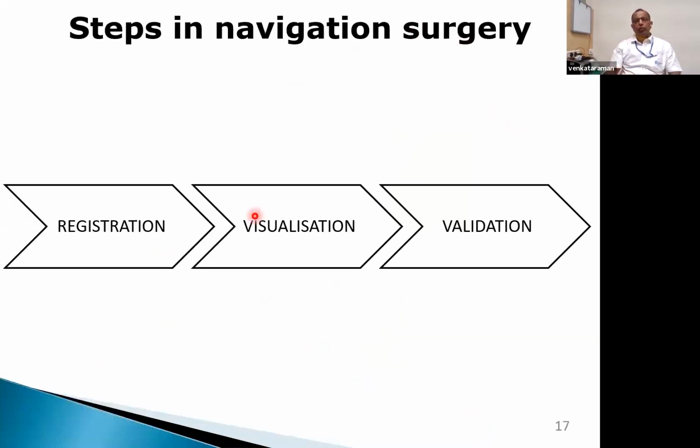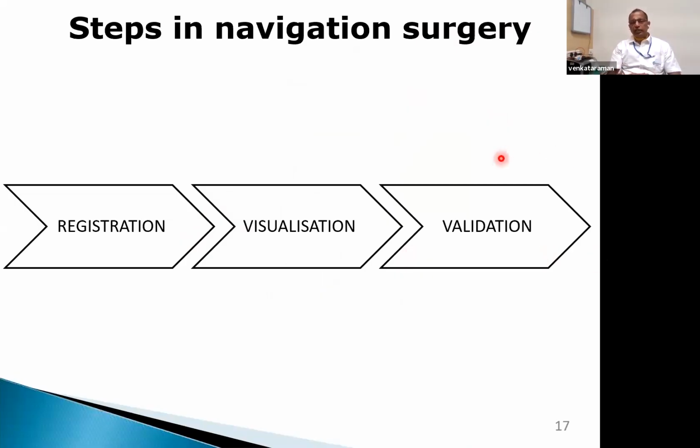And how do we go about it? We first do the registration. Registration is nothing but feeding in the bony landmarks of the particular area which is going to be operated upon. With the help of optical trackers, that data is fed through the optical sensor to the computer, which then creates the visualization, which is nothing but the creation of the 3D or virtual model of the bone which we are going to operate on.